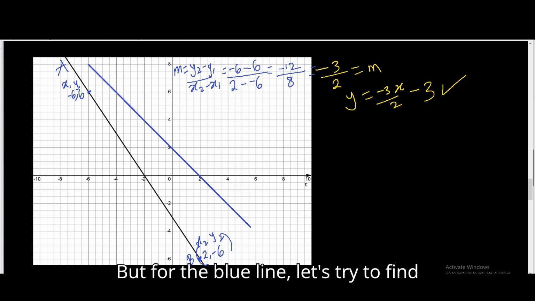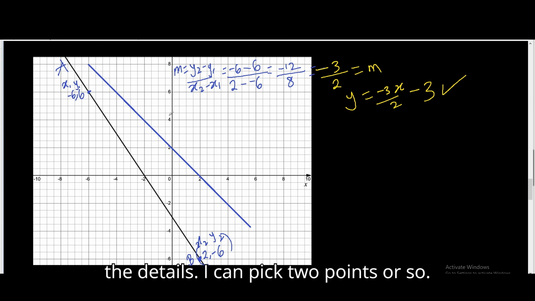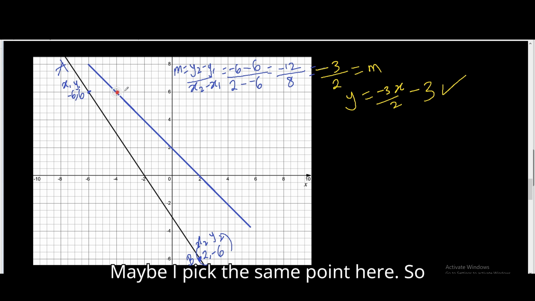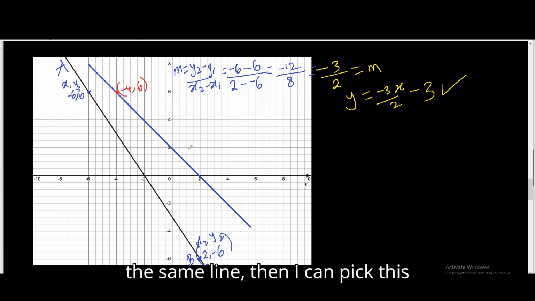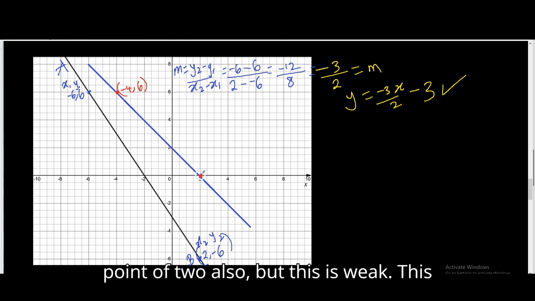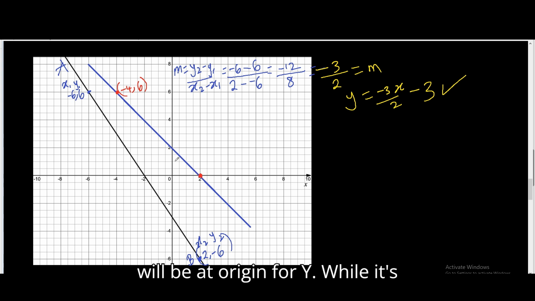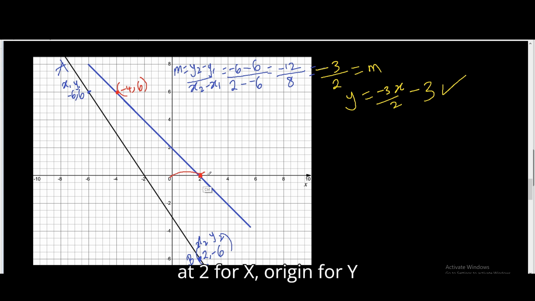But for the blue line, let's try to find the details. I can pick 2 points also. Maybe I pick the same point here. So y1 is going to be 6, while x1 is going to be negative 4. So the point here now is negative 4, comma 6. If I pick on the same line, then I can pick this point of 2 also, but this will be at the origin for y, while it's at 2 for x.